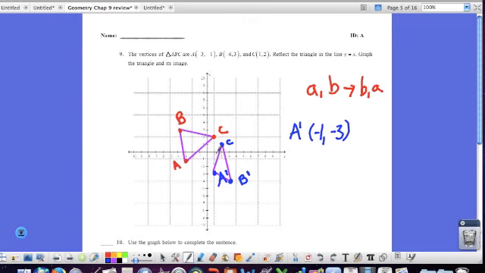And this would have been, sorry, that's my problem, -1. Wow, Mrs. Falk. So let's do that here. That's what I did wrong here. -1, -3. So that's my A prime.